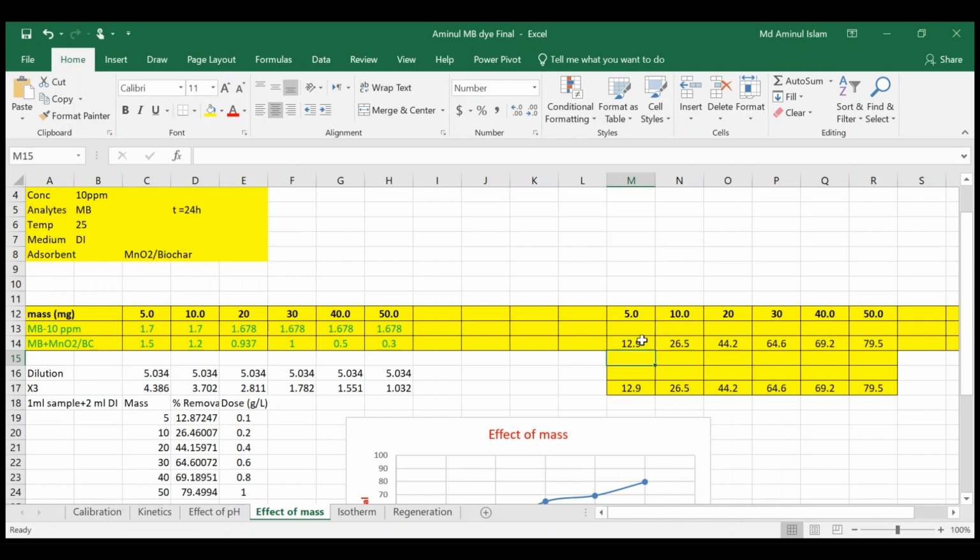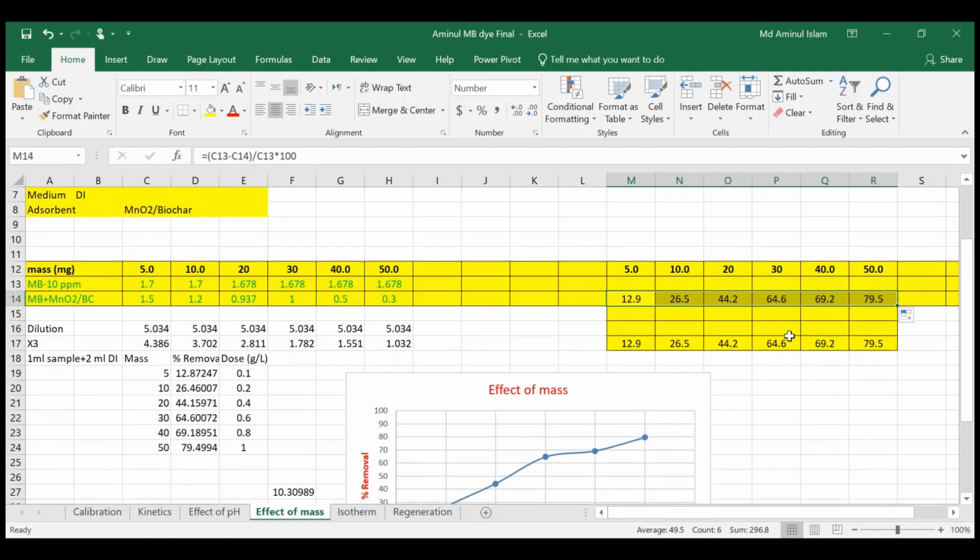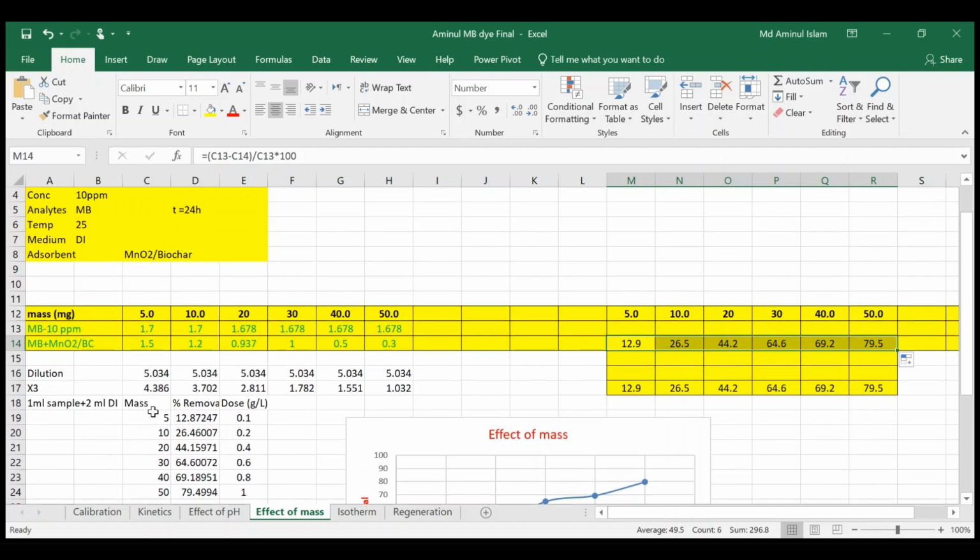And then if you scroll to right, then you can easily calculate percent removal for other samples. Now, these are the mass in milligram, but you need to convert this mass in milligram into dose in gram per liter.